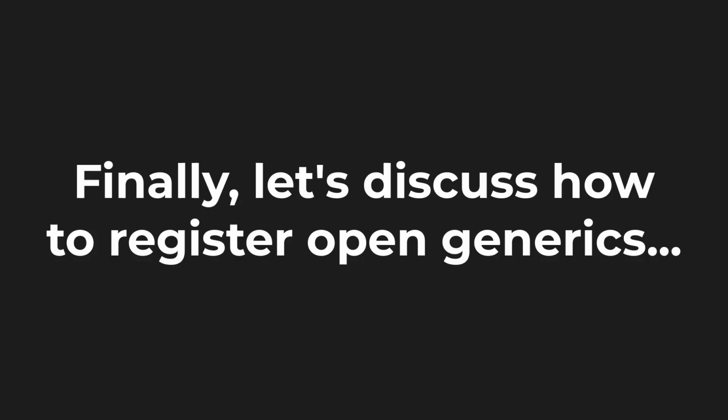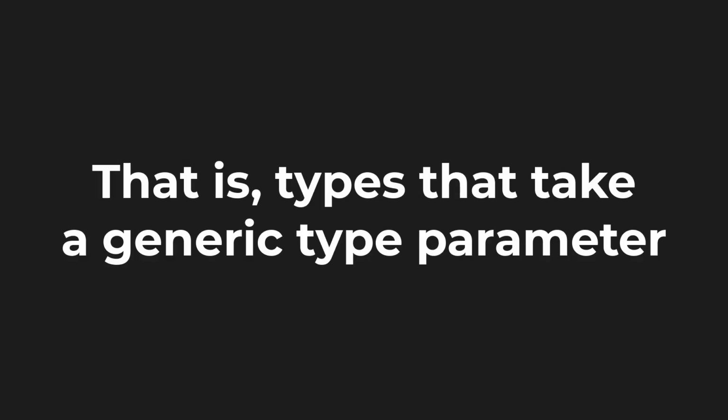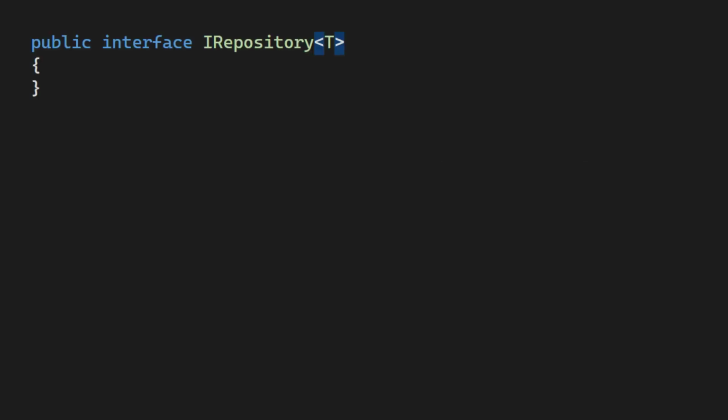Finally, let's discuss how to register open generics or types that take a generic type parameter. Let's say we have an interface called IRepository of T and a class that implements the interface called Repository of T. Now how do we register this? For instance, if we are using the scoped lifetime, we can use an overload of the AddScoped method that takes in two type parameters.